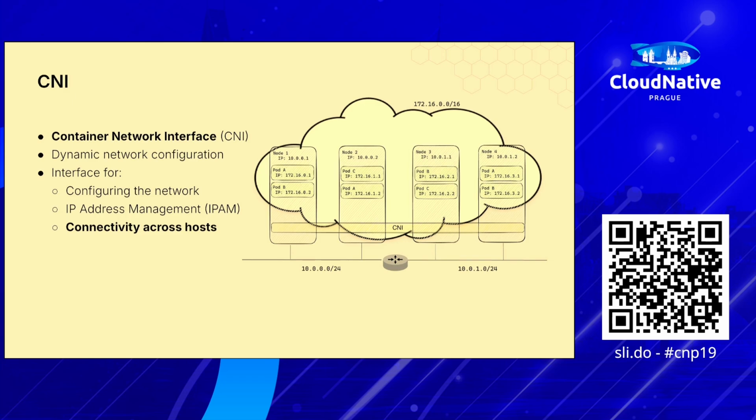As you can see on the bottom part, you have the IP addresses for the hosts in the cluster, but then the pods get IP addresses from a different network, from this virtual network built on top of the physical one. And it's the role of CNI to basically implement this connectivity between pods.